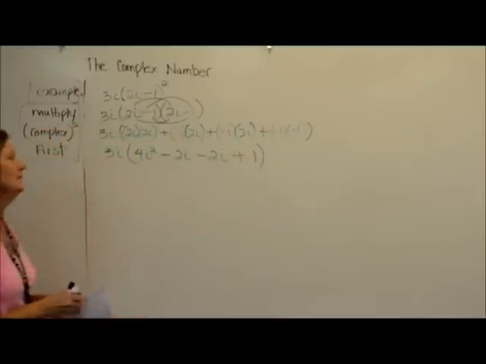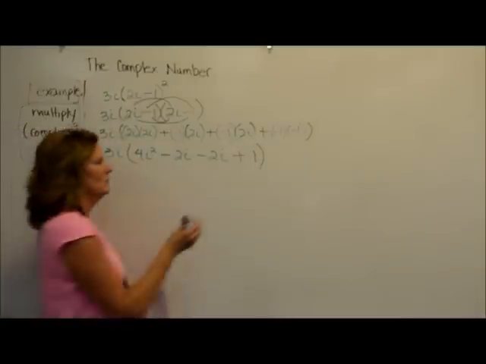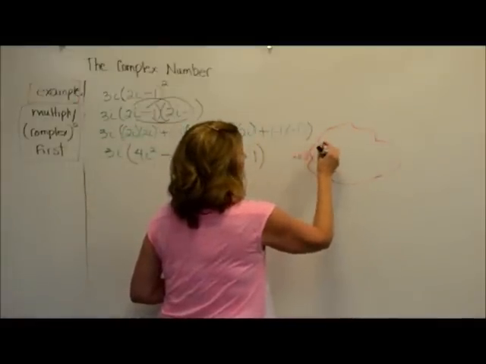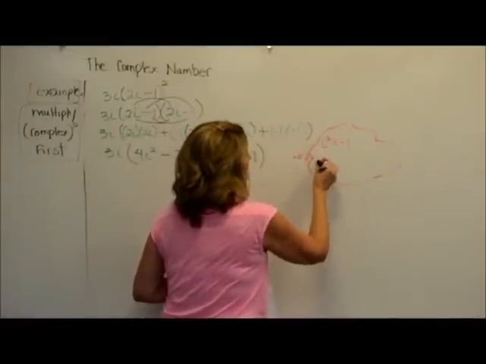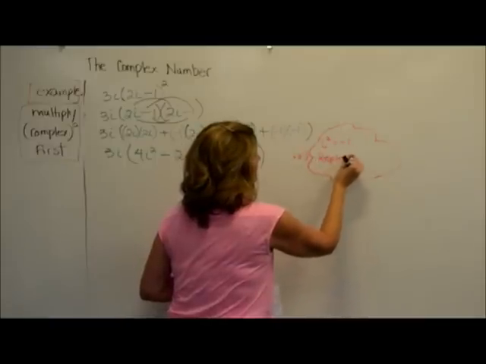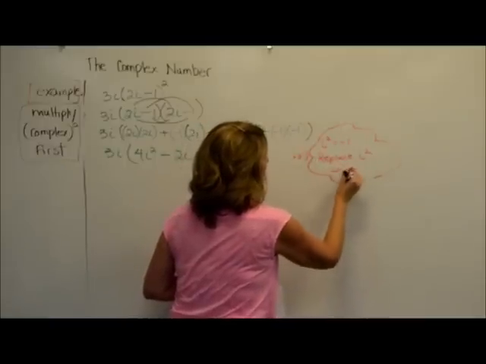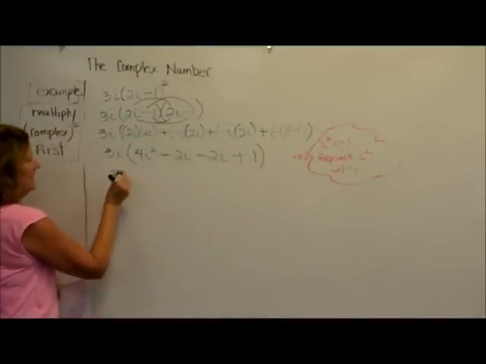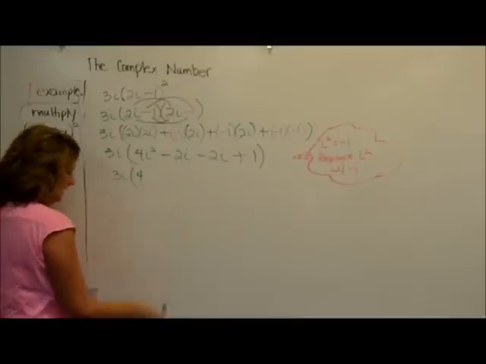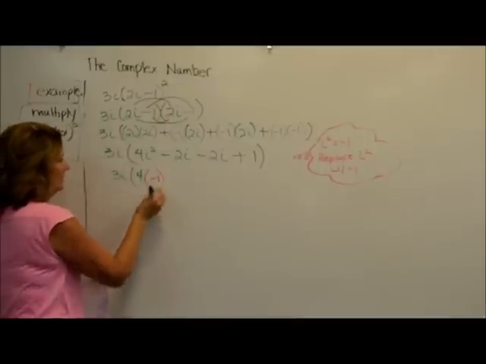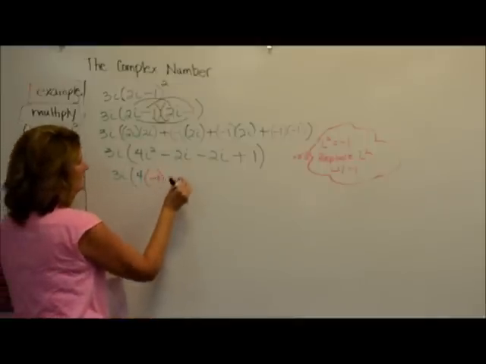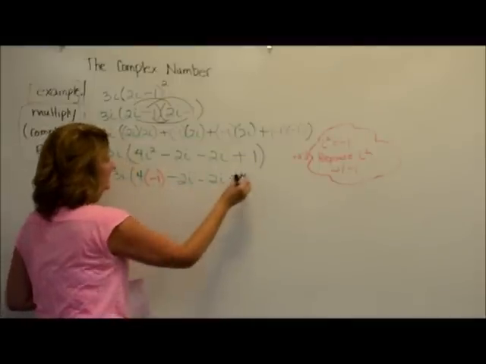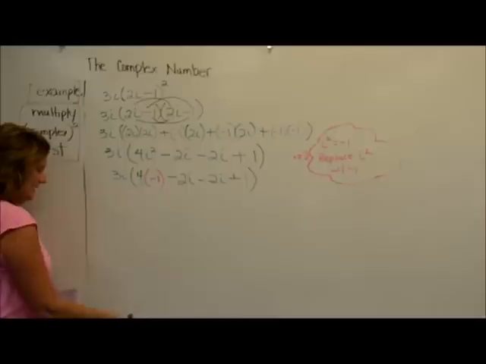Okay, and then we have that little bubble thought about that i squared. We know that i squared equals negative 1, so we're going to replace i squared with negative 1. So I'm going to rewrite this as this 3i times 4 times negative 1. I'm going to slip that right in there. So minus 2i plus 1. Okay.